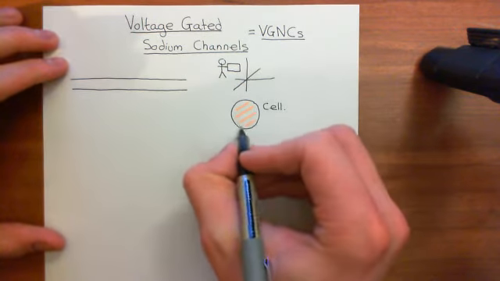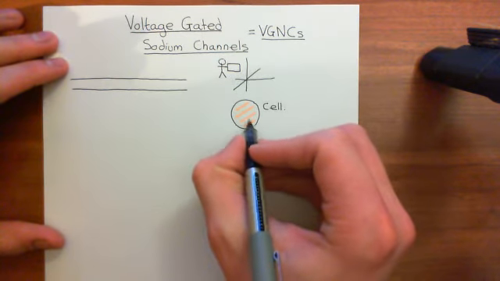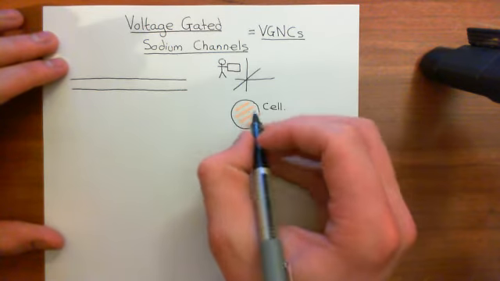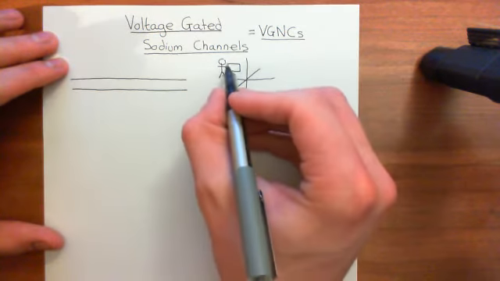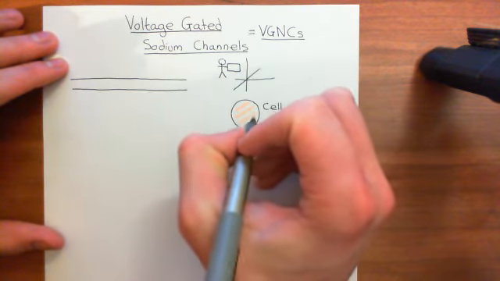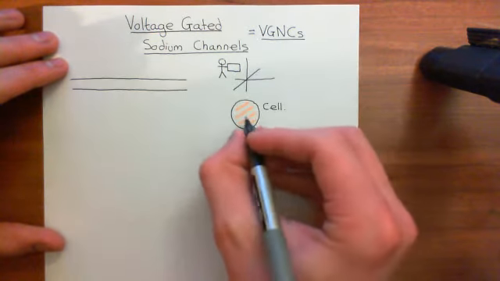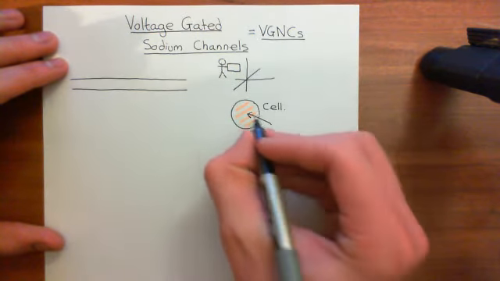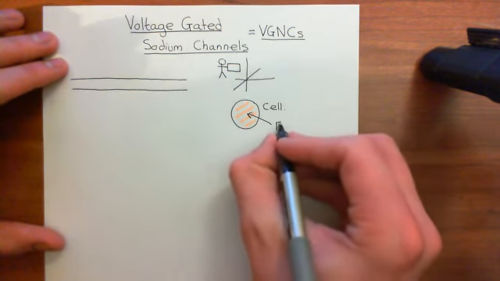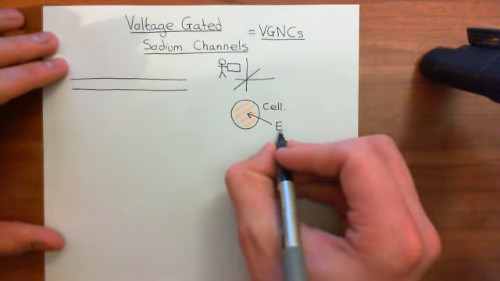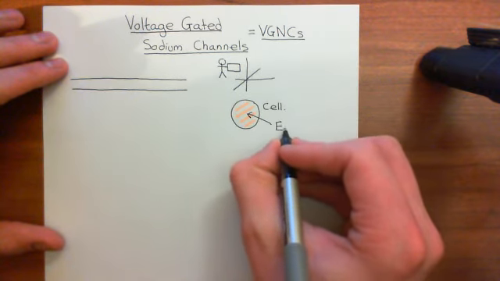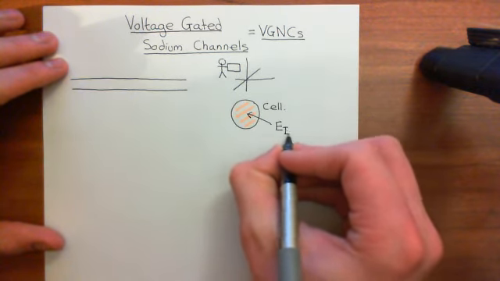That means this little man with his machine can go into the cytoplasm of the cell and wander around, and the number he gets on his screen will be exactly the same everywhere. We will call that number the electrical potential within the cell. So we'll have big E for electrical potential, subscript I for intracellular. So this is the intracellular electrical potential.